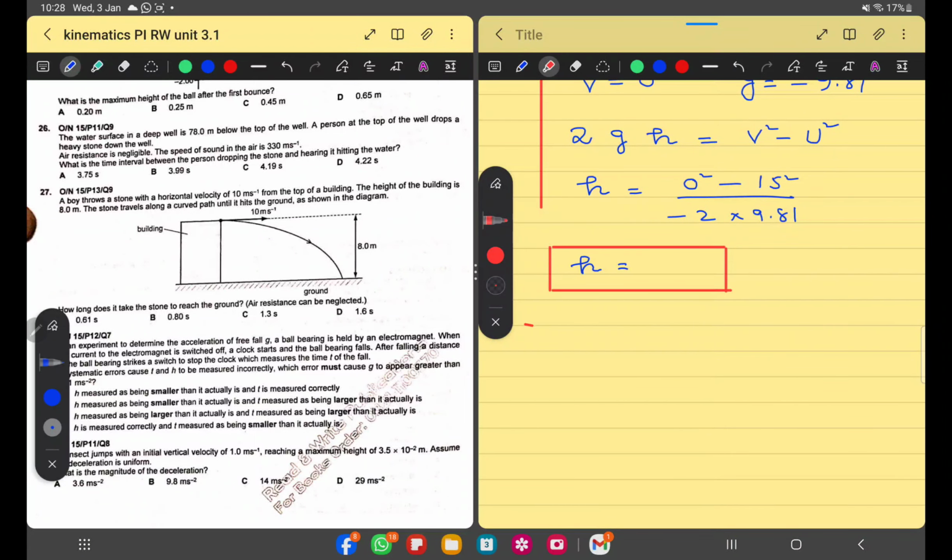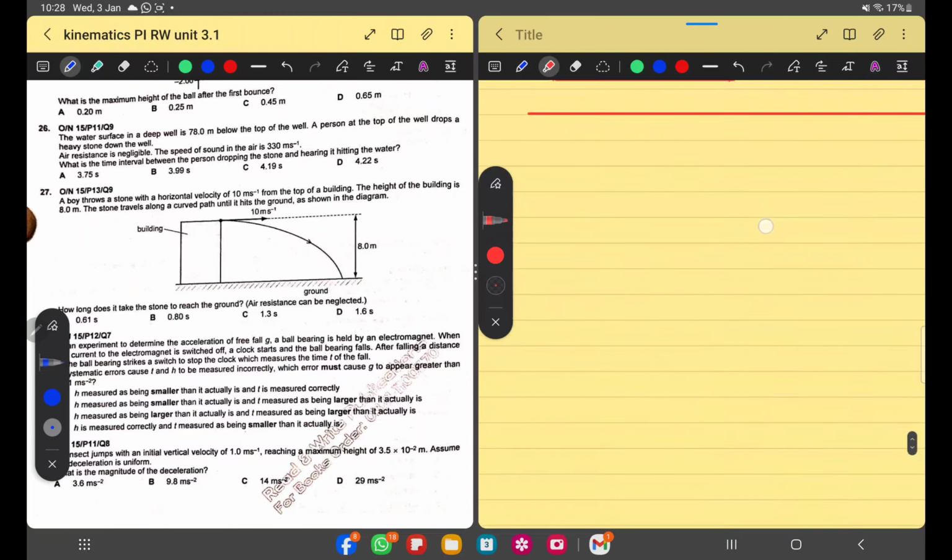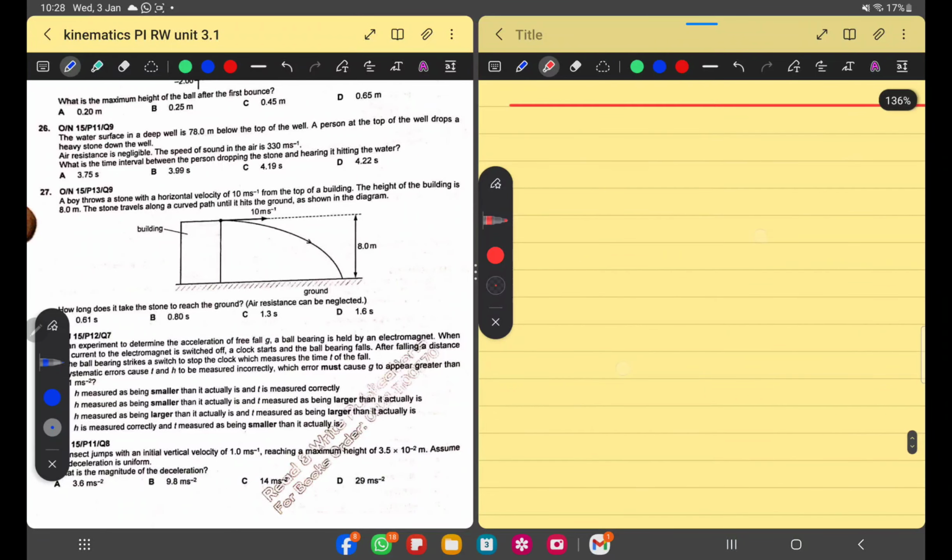In this question number 26, there is a deep well, and in this deep well, consider here is water, and a person at the top of the well drops a heavy stone.